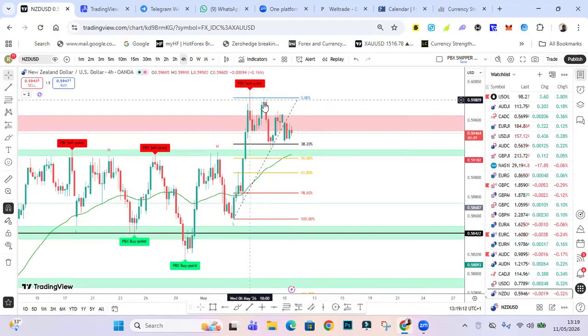So what we are looking at here is a pullback. For me, I will wait and see what happens on the golden ratio. If I go to a lower time frame when we get to this golden ratio, and I see entry from this level, I should be entering.